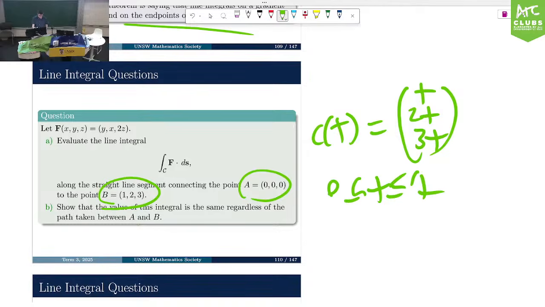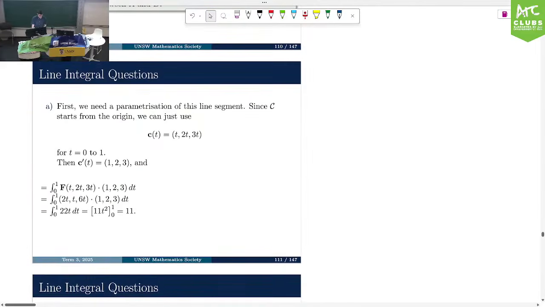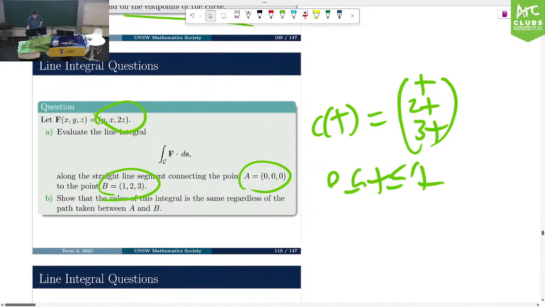You can compute it because f is a function of x, y, z, so you can find those in terms of t, and you can find the integral to be 11. But using what we just learned, we want to do that in a more efficient way, because this question does hint that this f is going to be conservative, because it says show that the integral is the same regardless of the path taken. So we can do that.